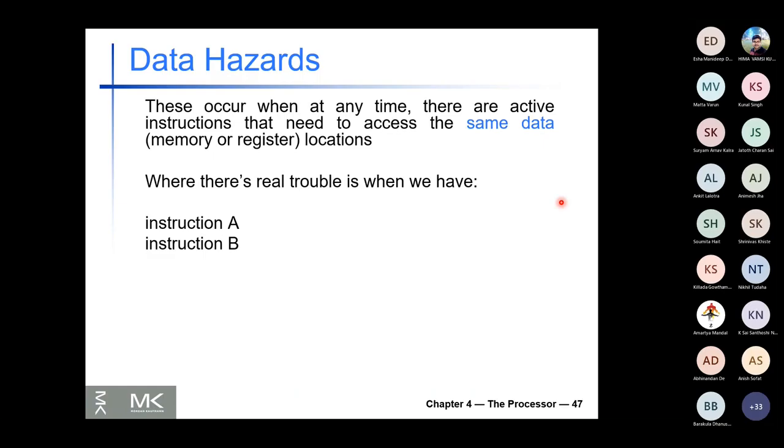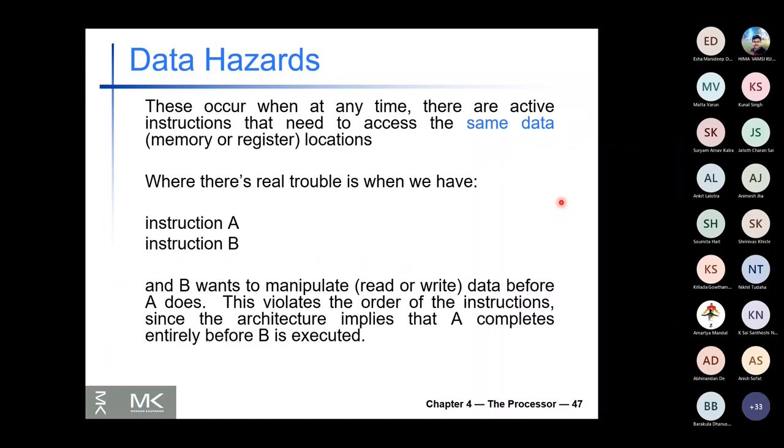Suppose you have instruction B which follows instruction A, and the trouble arises when B wants to manipulate, read or write data before A does. Suppose A is writing to a destination register, and the same register is being used as a source register in B. Now this instruction has already entered the pipeline. It might so happen that the previous write has not been completed, because writing is completed in the WB phase, the write back phase.